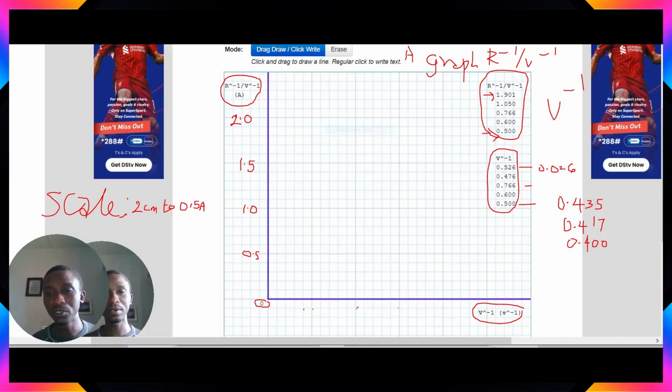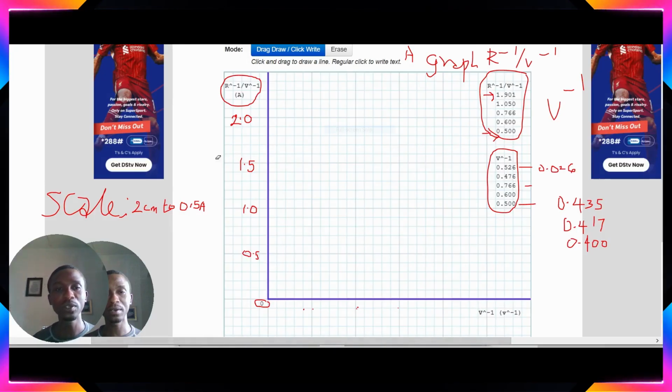Okay, so with this, we are moving from 0.4 to 0.526. So let's say 0.2, 0.4, 0.6. That will not be large enough. 0.1, 0.2, 0.3, 0.4, 0.5, 0.6. I think this is okay. We can manage this.